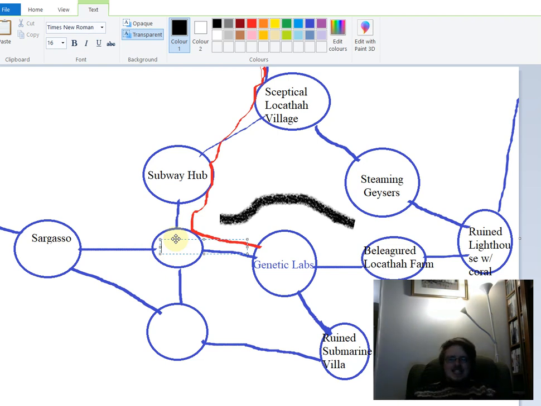What's another aquatic problem, particularly natural problem that could happen? Except I don't really want it to be natural, because we've got the Sargasso, we've got the steaming gazers. So what else could be another sort of problem? Well, because this is a tropical place and there are reefs close to shore, it could be a magical reef, so there's some kind of problem.